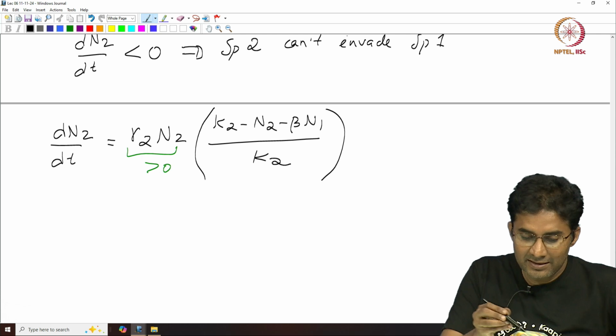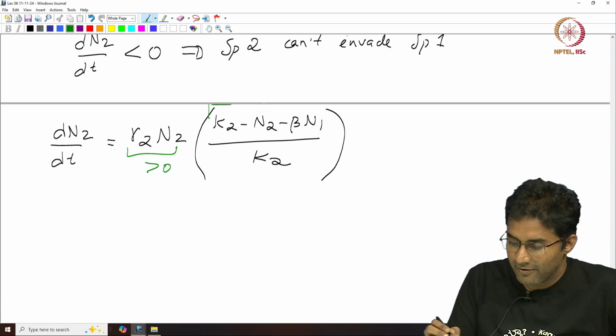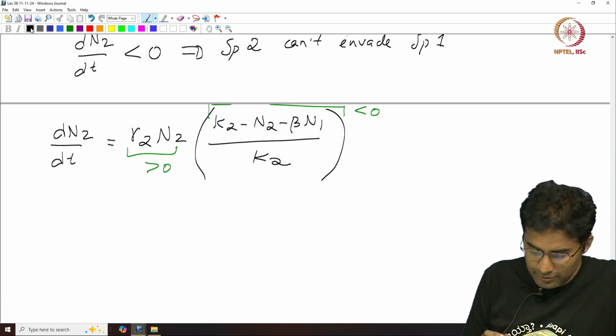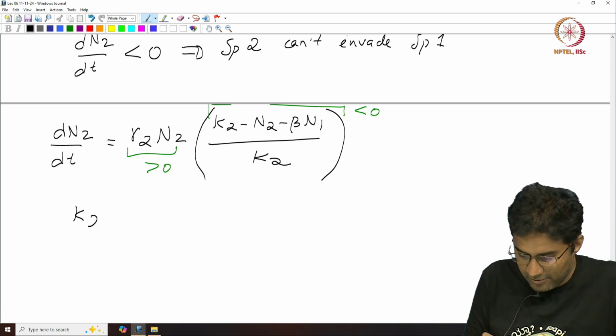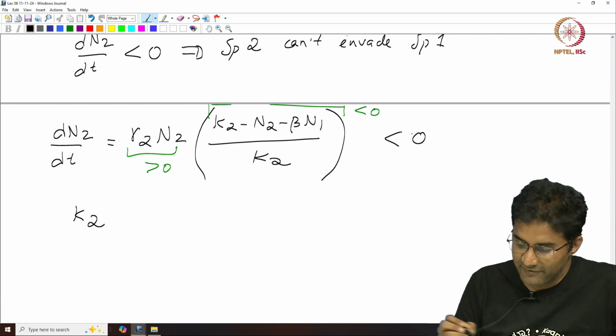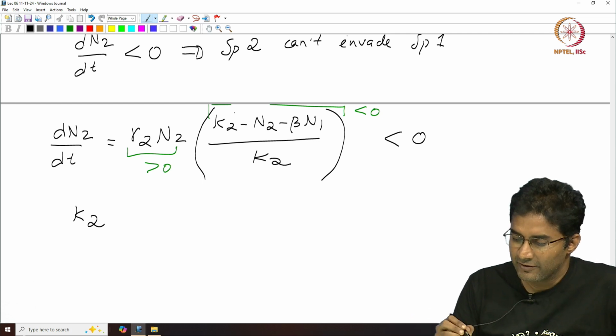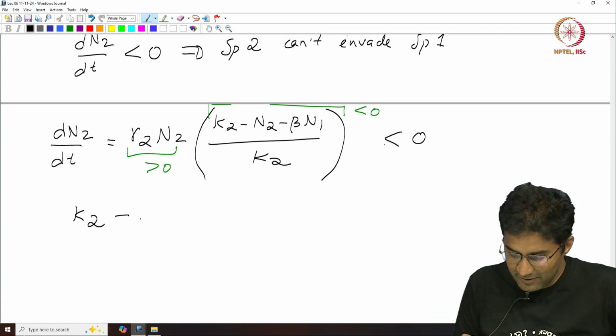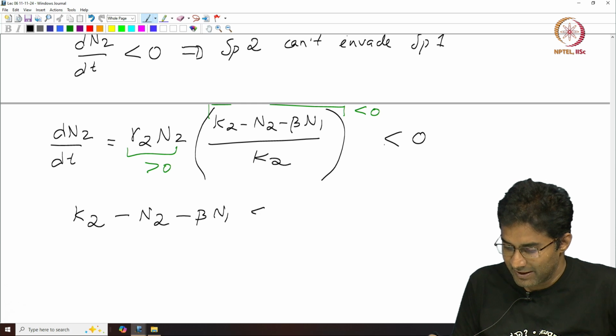Now, for this to be negative, we should have this numerator to be less than 0. If this is positive and if the numerator is negative, then the entire term will be negative, which means that K2 minus N2 minus beta N1 must be negative.